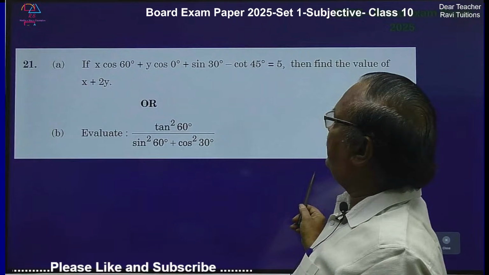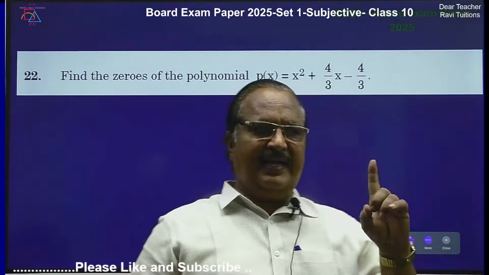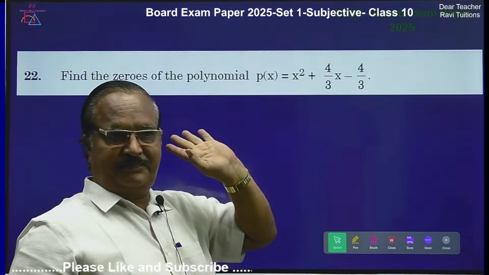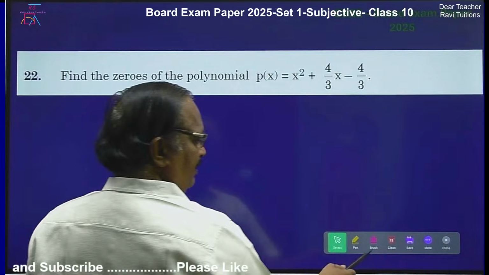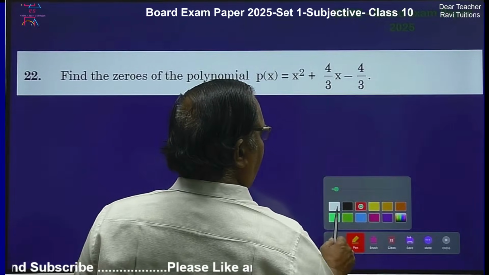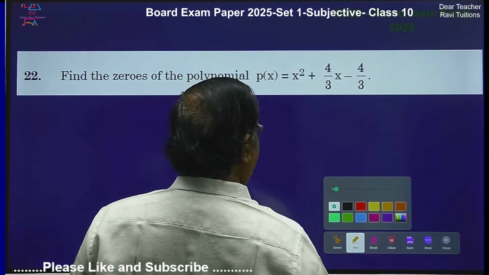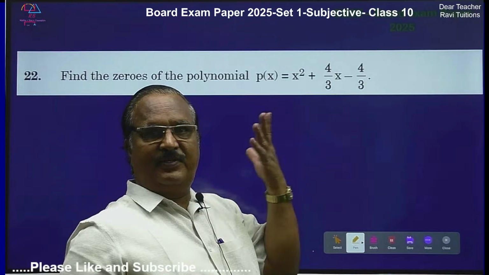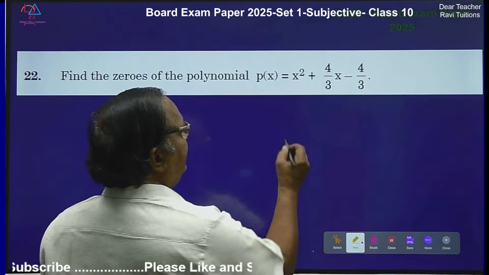22nd question. No internal choice, directly only one question. Find the zeros of the polynomial. There are n number of ways for finding the zeros of the polynomial. I will do it like this.